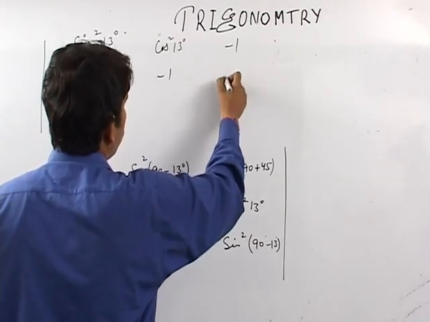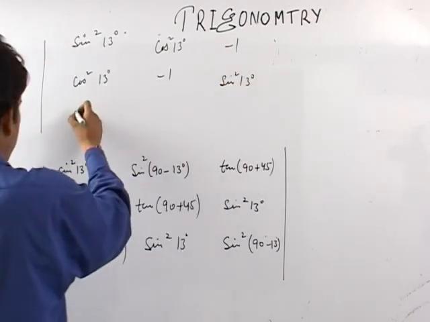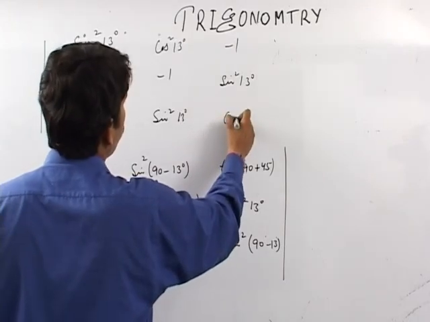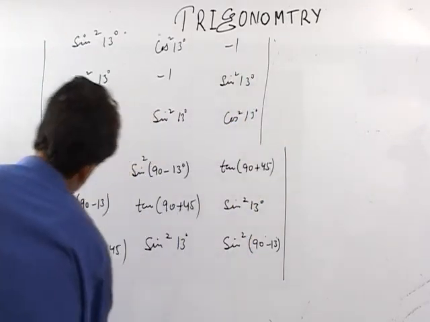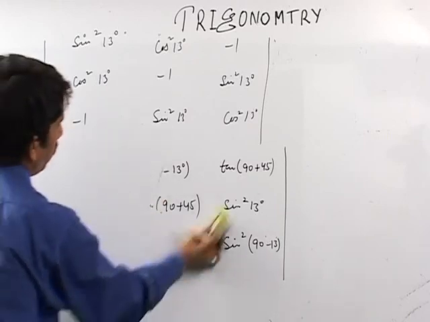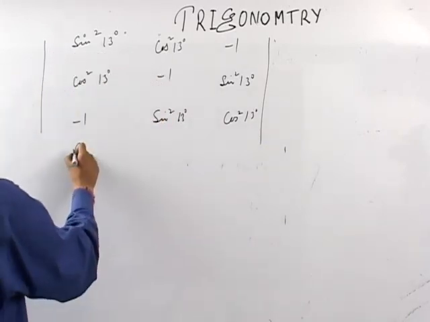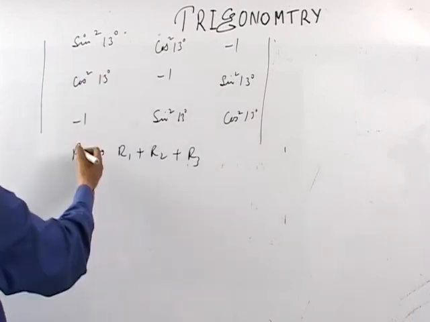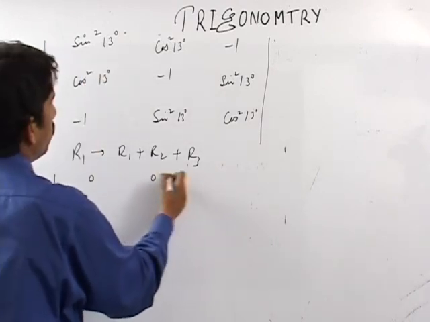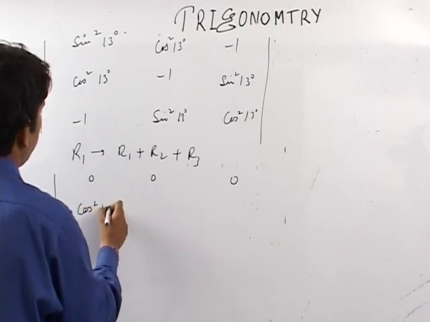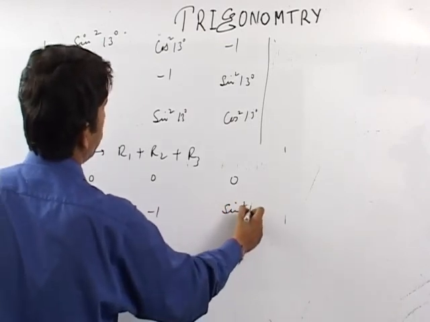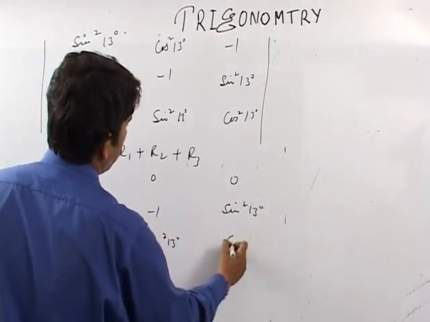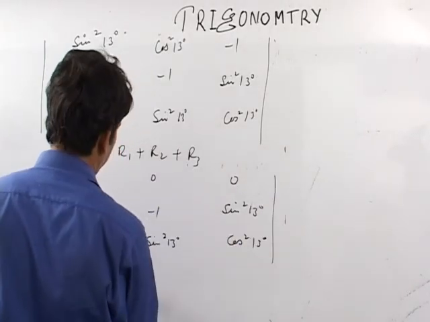Then cos square 13 degree, minus 1, sin square 13 degree; minus 1, sin square 13 degree, cos square 13 degree. And when you add R1 as R1 plus R2 plus R3, since sin square theta plus cos square theta minus 1 is 0, you get 0, 0, 0 here. The remaining rows are cos square 13 degree, minus 1, sin square 13 degree, and so on, so the determinant is equal to 0.